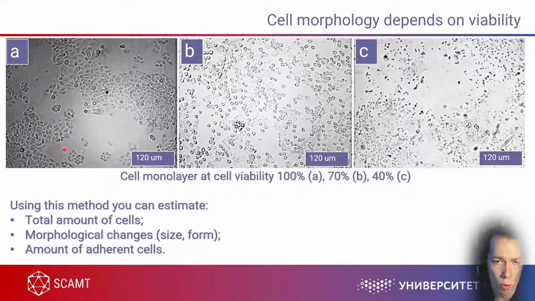And most of the cells are adherent here. But if you look at 70%, not most, but a lot of cells are spherical in shape, and this means they detached from the surface. And since they detached from the surface, as I mentioned in the previous lecture, they lost some connection to the surface, and this is very bad for cells.